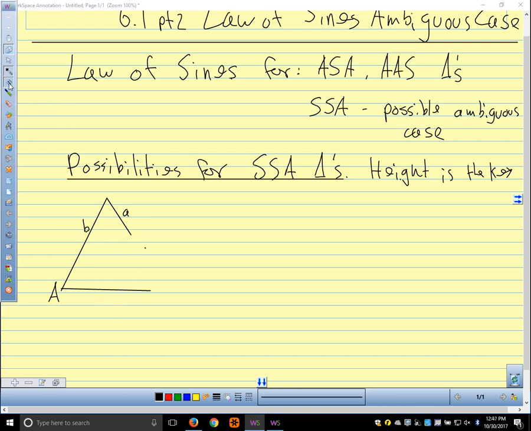I'm going to draw in the height here, like so. There's my height. And we know from what we talked about last time that our height is B sine A, because the sine of A is H over B.